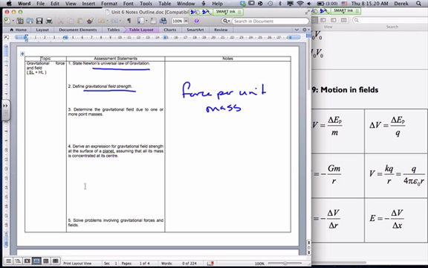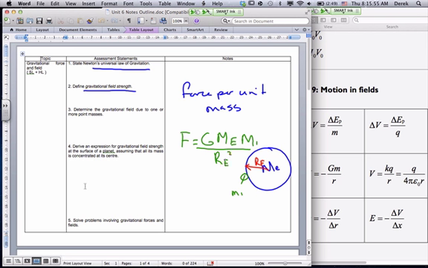So if, for instance, let's just use the Earth, with mass of the Earth ME and a certain radius RE, and you have a mass on the Earth, let's call that M1, then the force between M1 and ME will be given by Newton's universal law of gravitation: G ME M1 over RE squared.